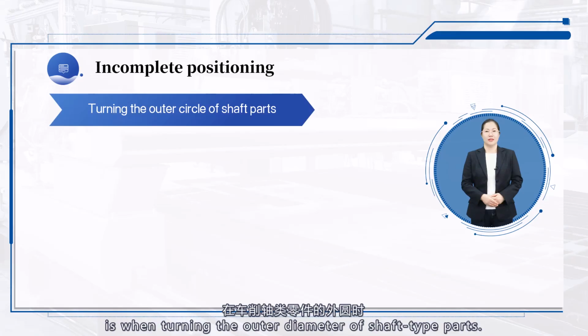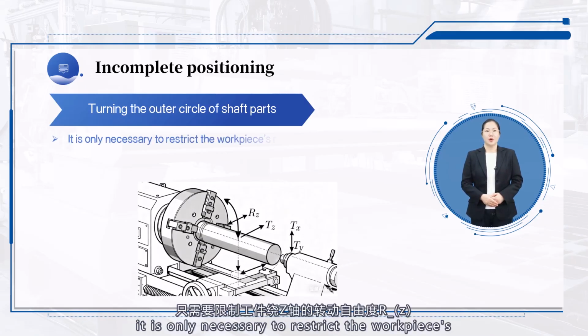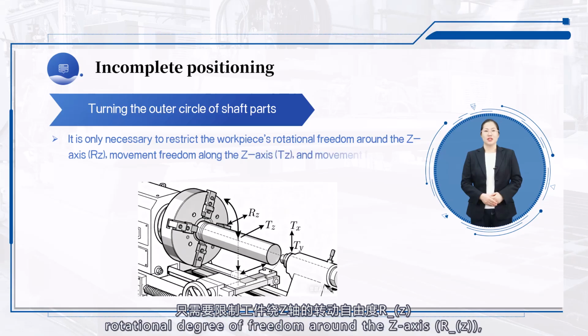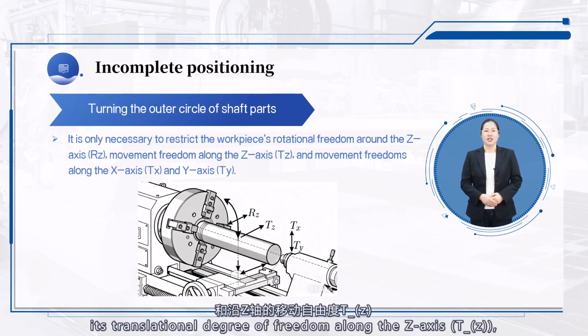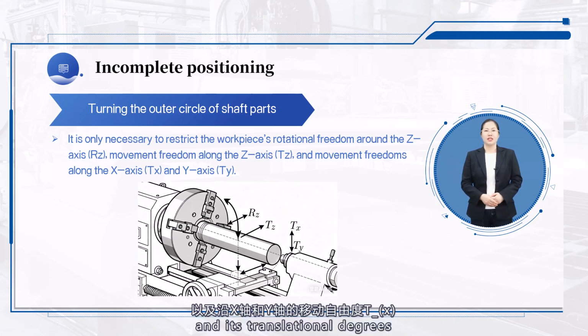Another example is when turning the outer diameter of shaft-type parts. Typically, it is only necessary to restrict the workpiece's rotational degree of freedom around the z-axis, R_Z, its translational degree of freedom along the z-axis, T_Z, and its translational degrees of freedom along the x-axis and the y-axis, T_X, T_Y.